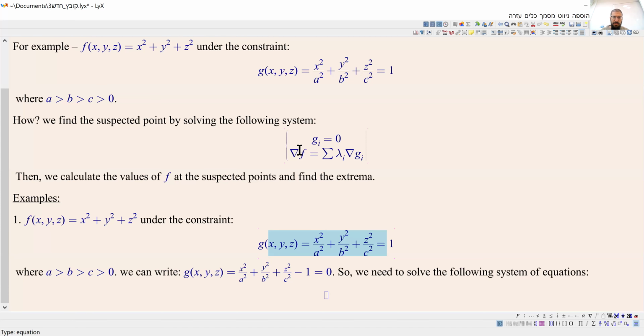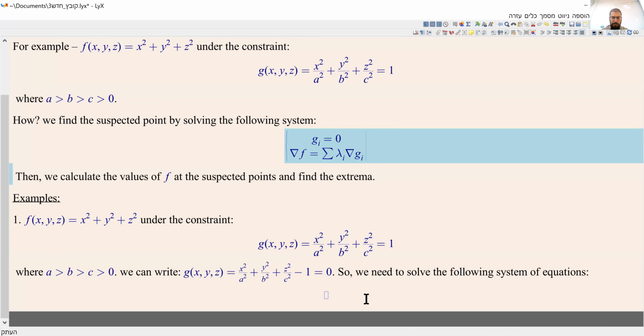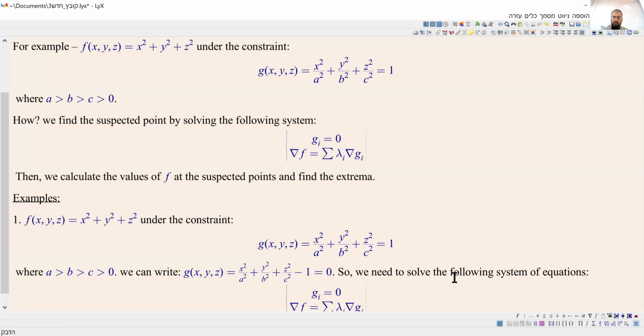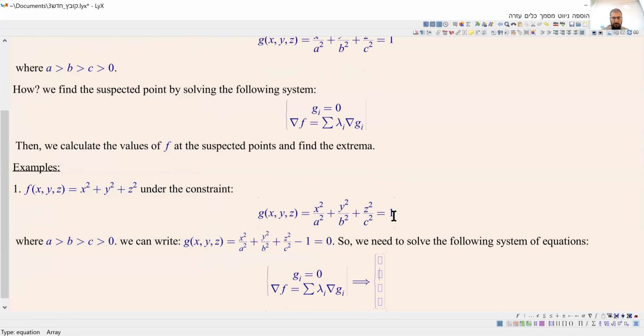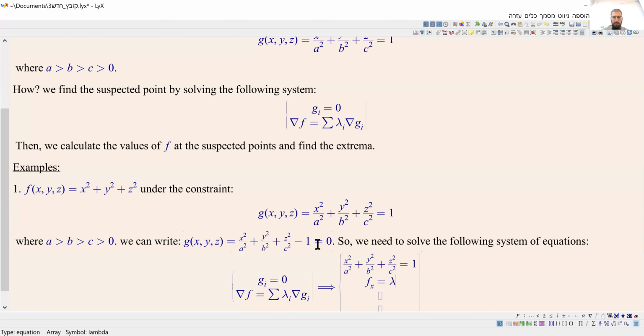So the system of equations actually contains four equations. Write it down explicitly. First of all, or lastly, it doesn't really matter, the constraint itself, and then the derivatives of f should be linear combinations of derivatives of g.